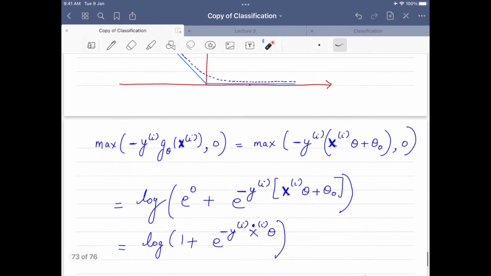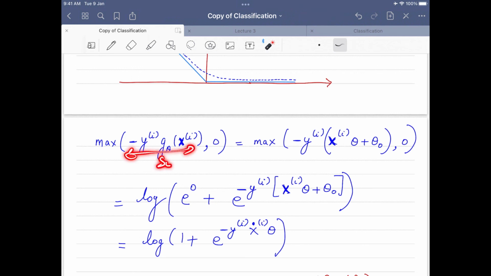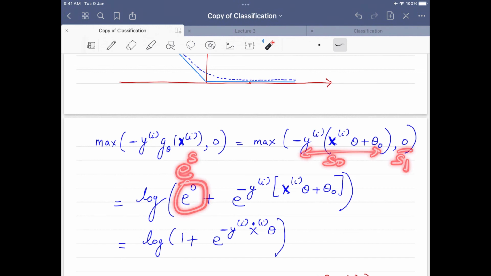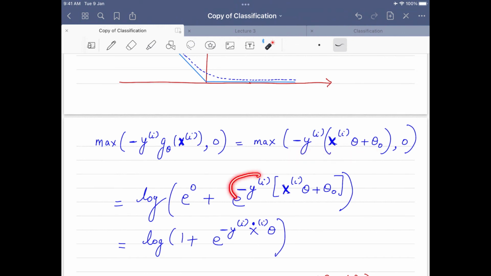Now if I want to write this expression in terms of the log, it is very easy, right? This is s0, this is s1. So what I am doing is writing this g theta xi with the original definition which we had started out with. This is your S0, this is your S1, then this is basically e to the power S0 plus e to the power S1. You can see now this S1 is e to the power this one, and this S0 is nothing but e to the power 0.